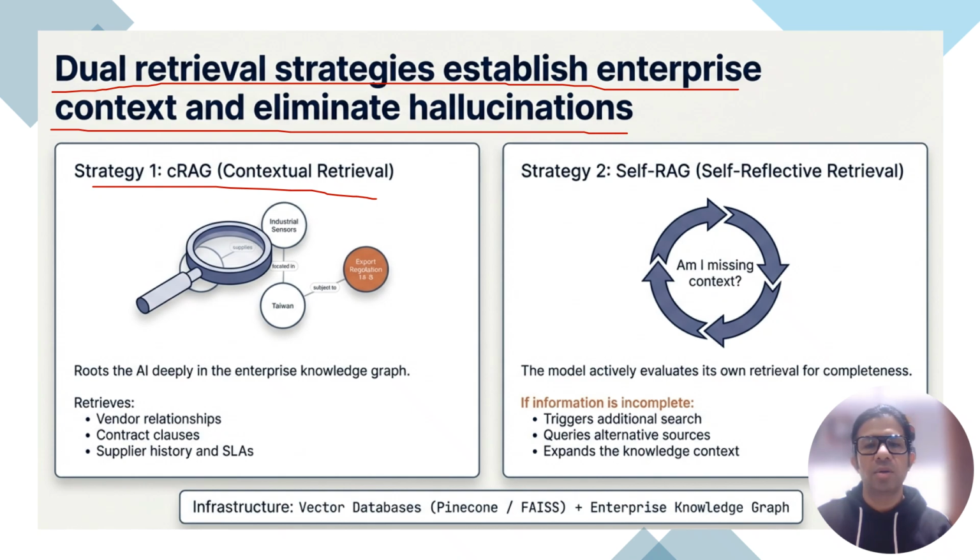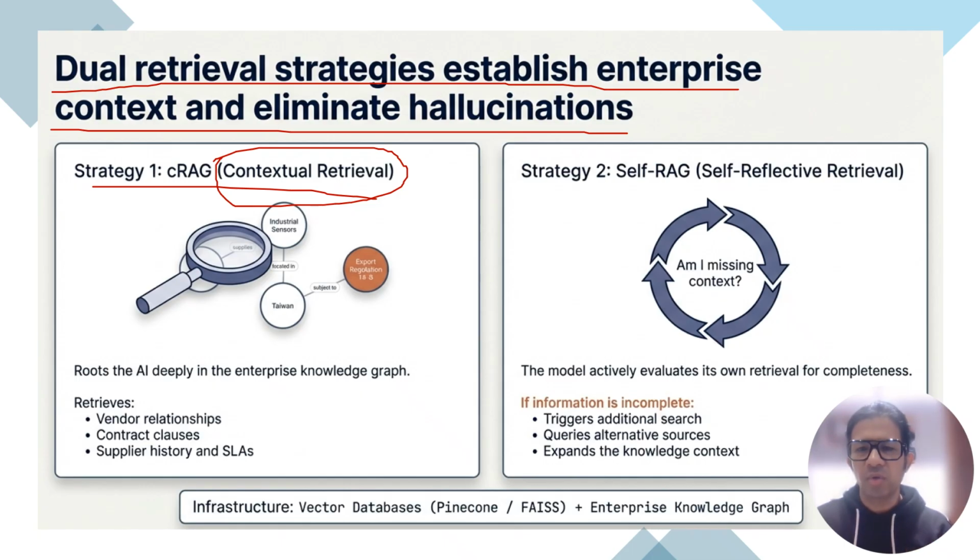Strategy 1 is CRAG, contextual retrieval. This is rooted deeply in the enterprise knowledge graph.